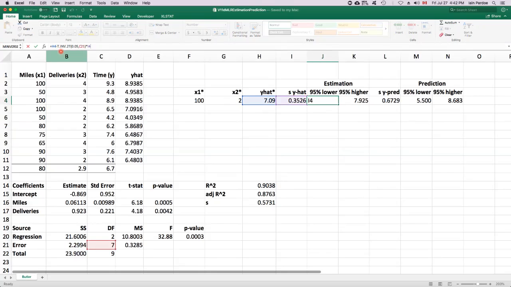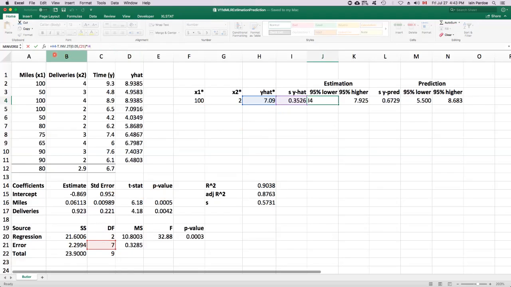It uses a percentile from a t-distribution, and for a 95% confidence interval, if we put 0.05 in this T.INV.2T formula, it will calculate the correct percentile for us. And C21 is the degrees of freedom for that t-distribution. There are 7 degrees of freedom here. The degrees of freedom for anything based on the t-statistic or the t-distribution is always given by the error degrees of freedom for the model.